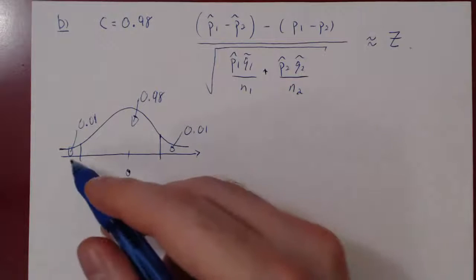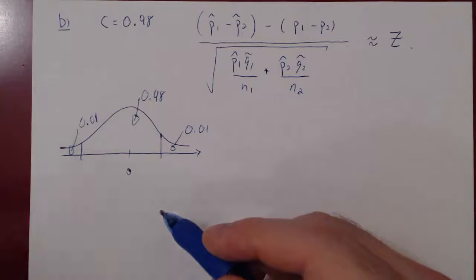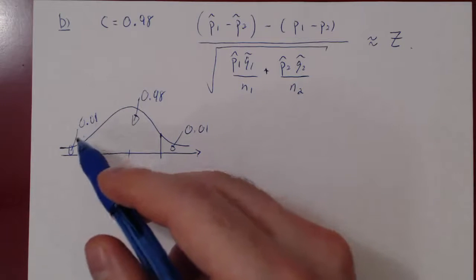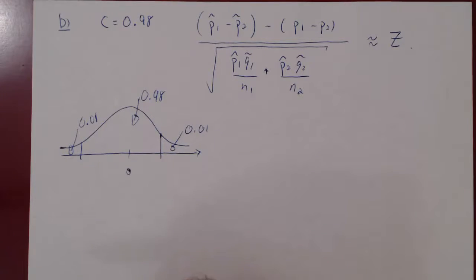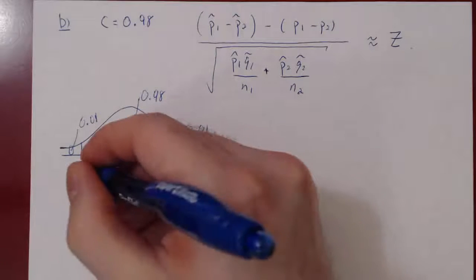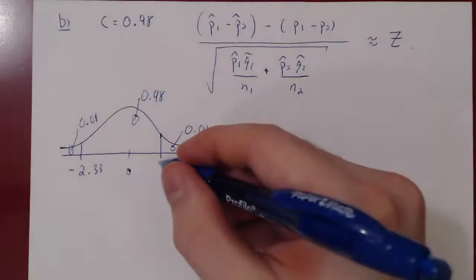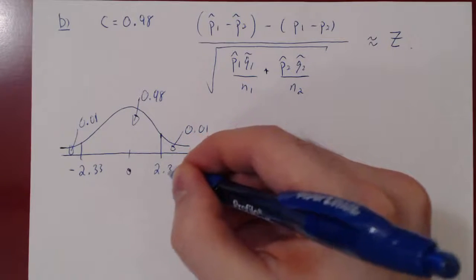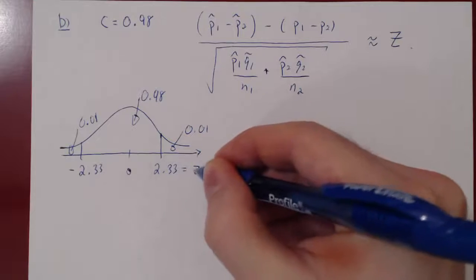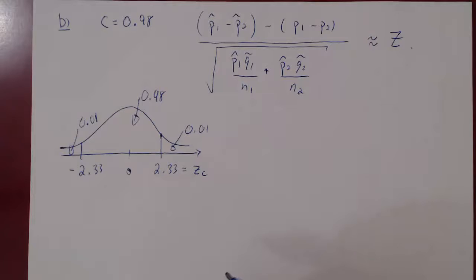Now if you look in your table of the standard normal distribution for the closest you can find to 0.01 for a probability, you will find a corresponding z-score of negative 2.33. By symmetry, the point here must be 2.33, and that is your critical z-score for a confidence level of 0.98.